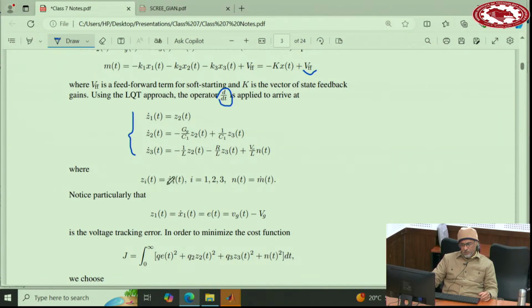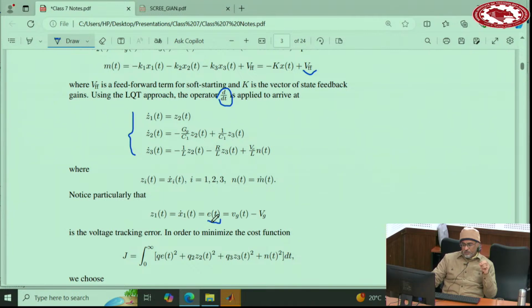Z1 is x1 dot, Z2 is x2 dot, Z3 is x3 dot, right? And especially Z1, which is x1 dot, is the tracking error. This is really important about this approach. So this transformed state variable represents, or is exactly equal to, the tracking error.